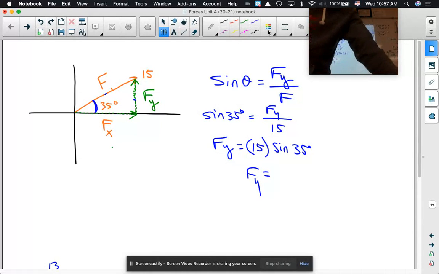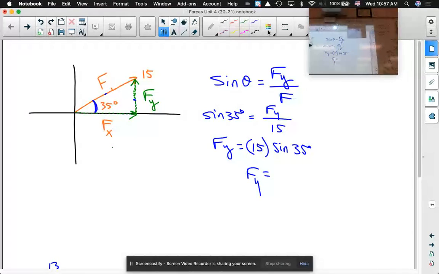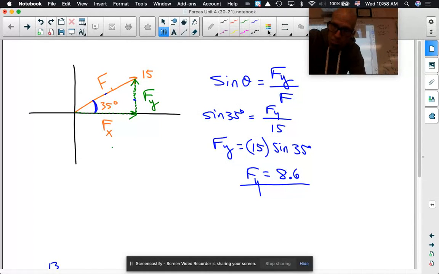I should have used 30 degrees, it would have been easier. 15 times sine of 35 is 8.6. So 8.6 is how tall this vertical component is. All right.